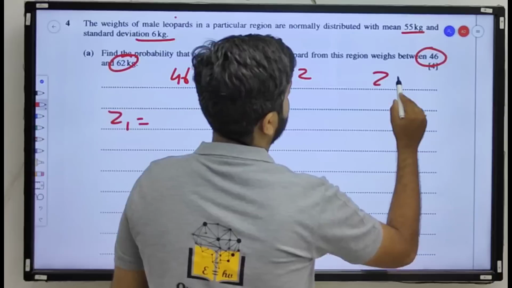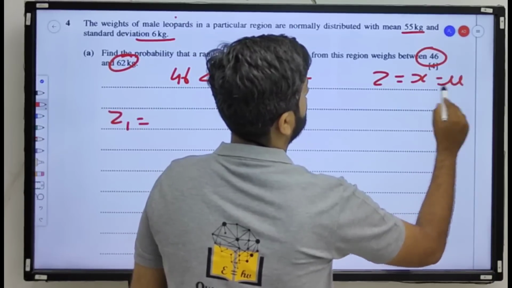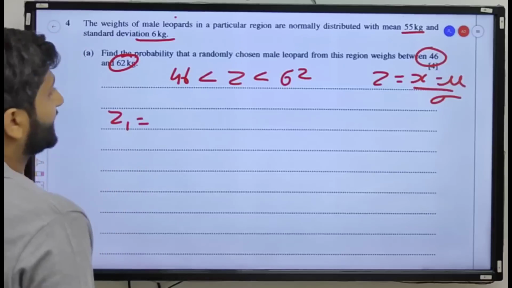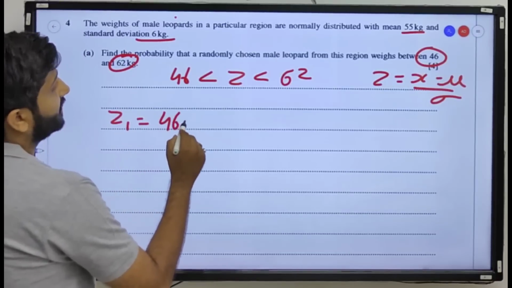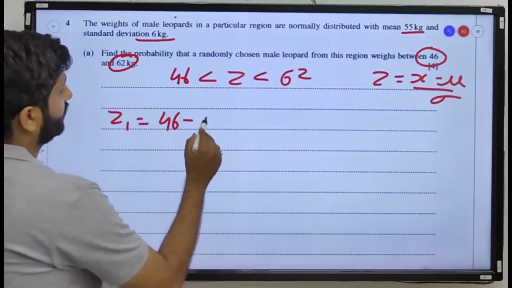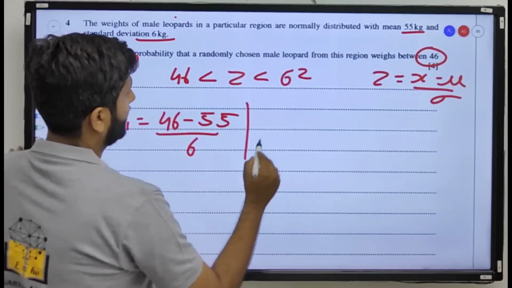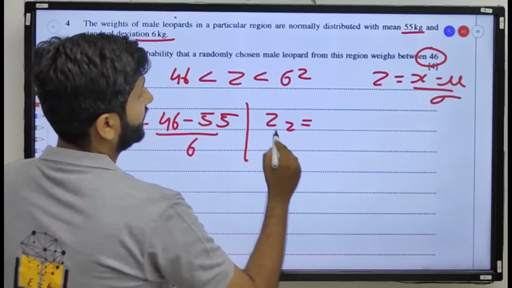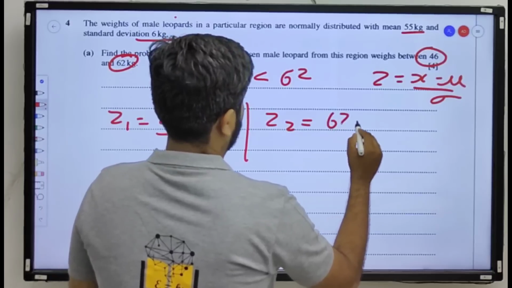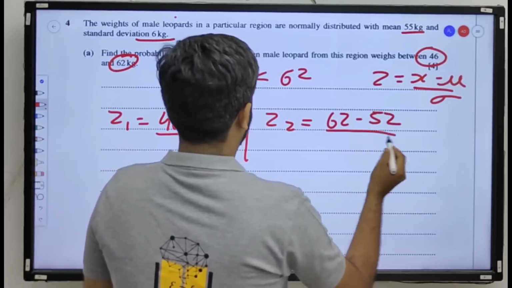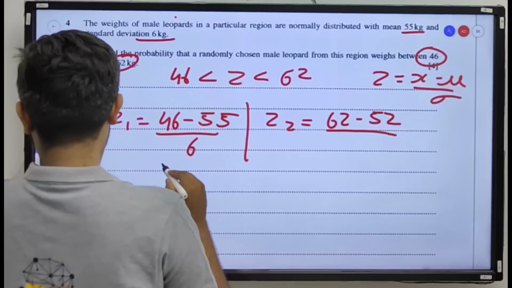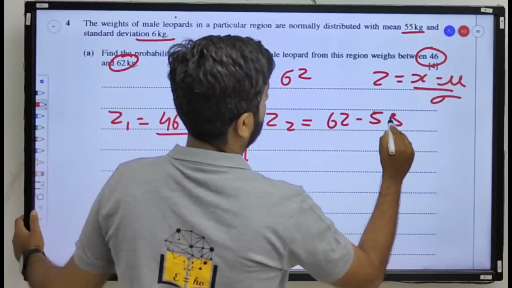We know the formula of Z is x minus mu upon sigma. So Z1 is x, let's say 46, minus mu upon sigma, and Z2 is x minus mu upon sigma. Sorry, my mu is 55, not 52.